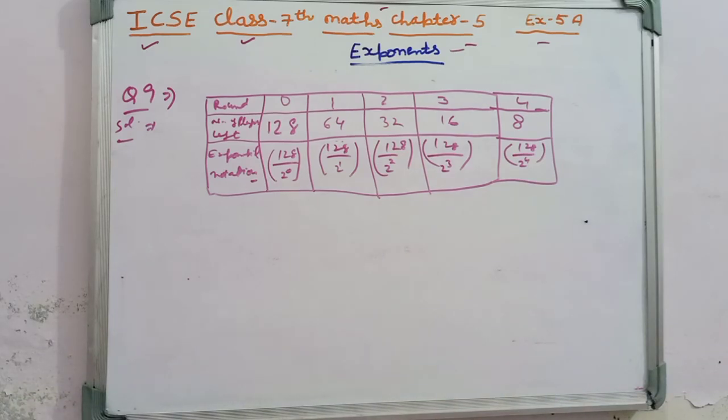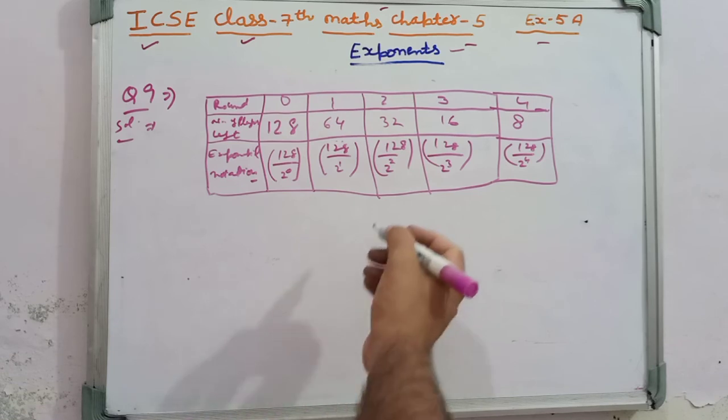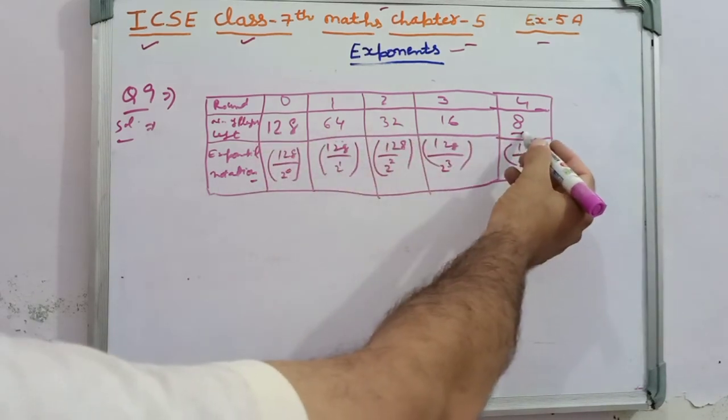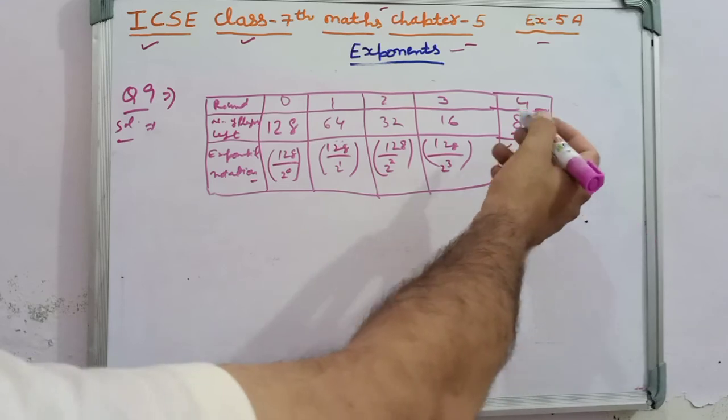So what we have learned from here: how many players move to the next round after the fourth round? How many players are there? 8. 8 are remaining.